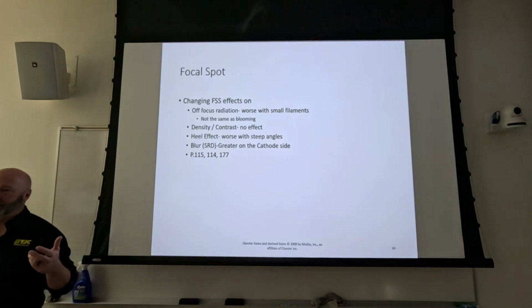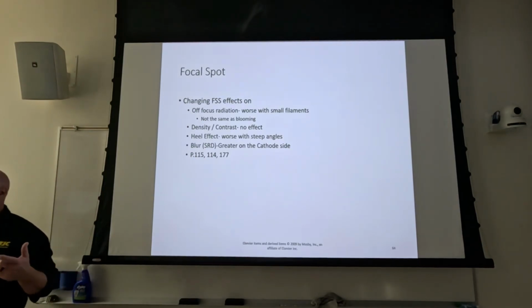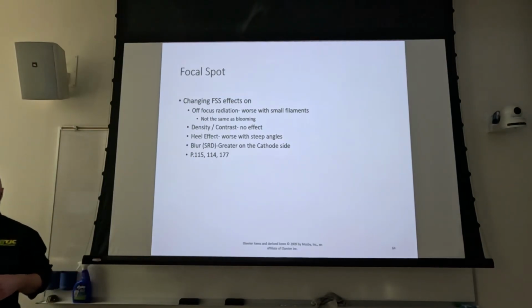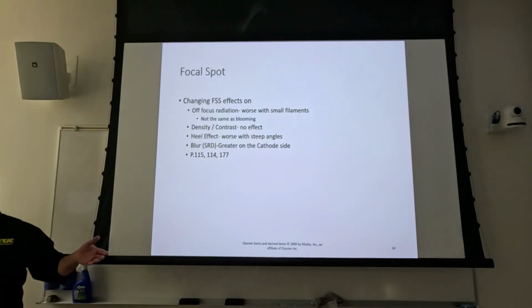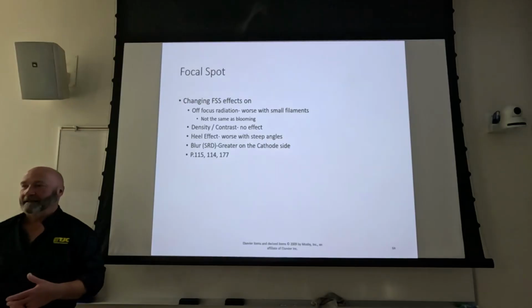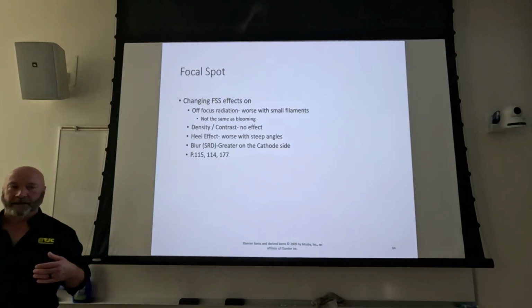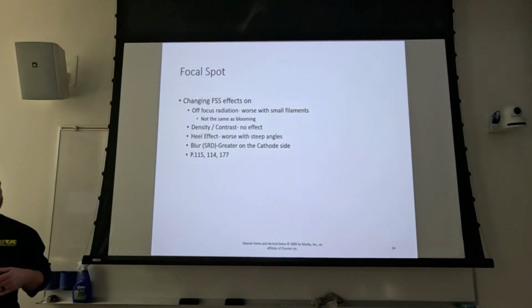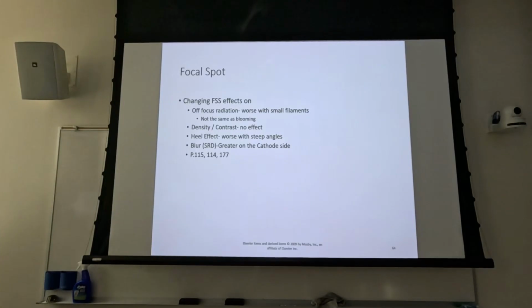So now we're back to something similar to modulation transfer function. You got to have that sharpness to see the contrast. You got to have contrast to see the sharpness, right? So even though you might not be able to visualize it, because of a loss of sharpness or recorded detail, we're going to say it has no real effect on contrast or density.